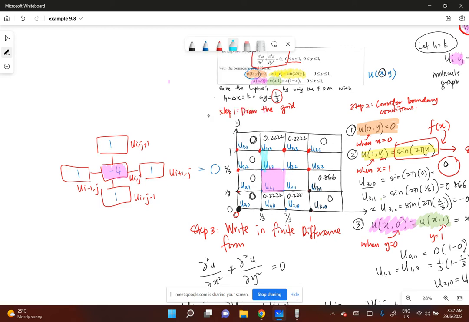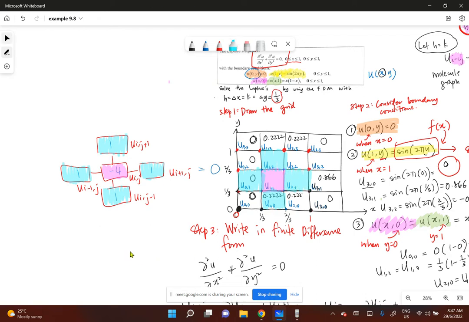And here is Uij plus 1, the one below, the left here, then the right here.